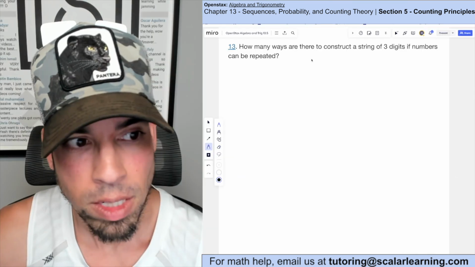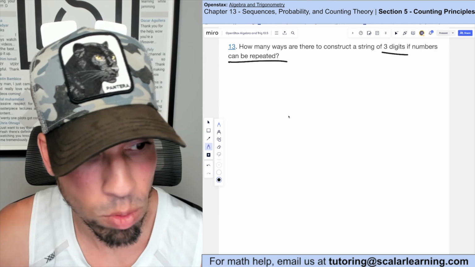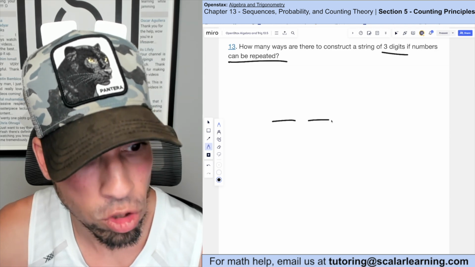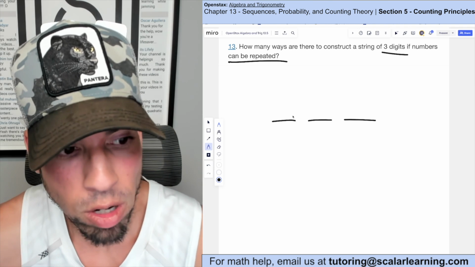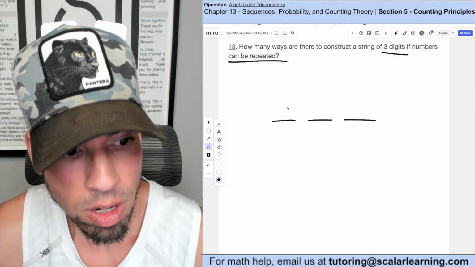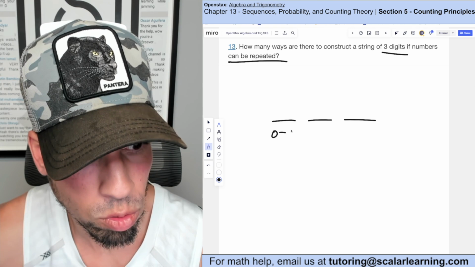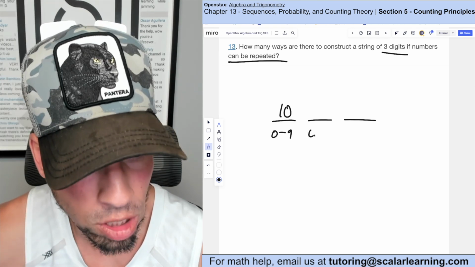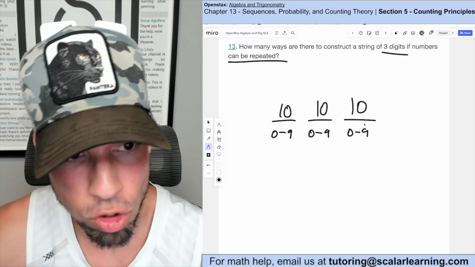Done. How many different ways are there to construct a string of 3 digits if numbers can be repeated? We think about 1, 2, and 3, and they're talking about these all together. If they're digits, it can be anything from 0 through 9. So there's 10 options here, 10 options here, and 10 options here, and there's no restrictions.